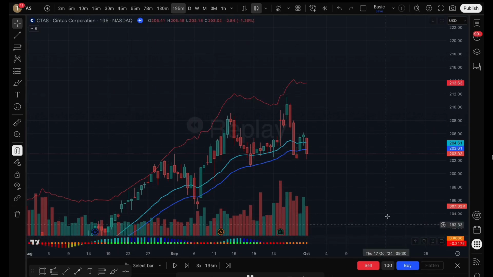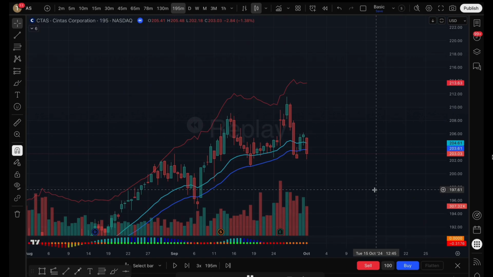This is called the TTM squeeze. It's a momentum indicator or a volatility indicator, energy indicator. Essentially, it tells you when energy is building into a security, and it allows you to position before a move takes place.